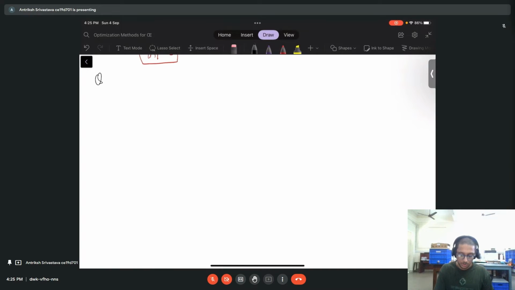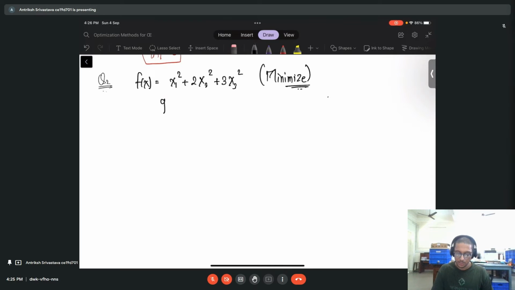Question 2 for the day. We have a function f of x equal to x1 square plus 2x2 square plus 3x3 square, and we want to minimize this function subject to the constraints g1 of x equal to x1 minus x2 minus 2x3 less than or equal to 12, and g2 equal to x1 plus 2x2 minus 3x3 less than or equal to 8.